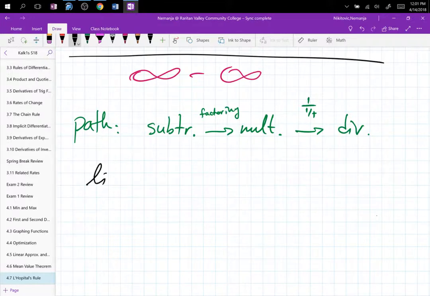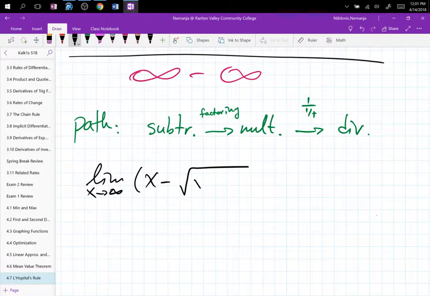Evaluate the limit as x goes to infinity of x minus the square root of x squared minus 3x. Yeah, I know. Why? Grow up. What would your intuition tell you?